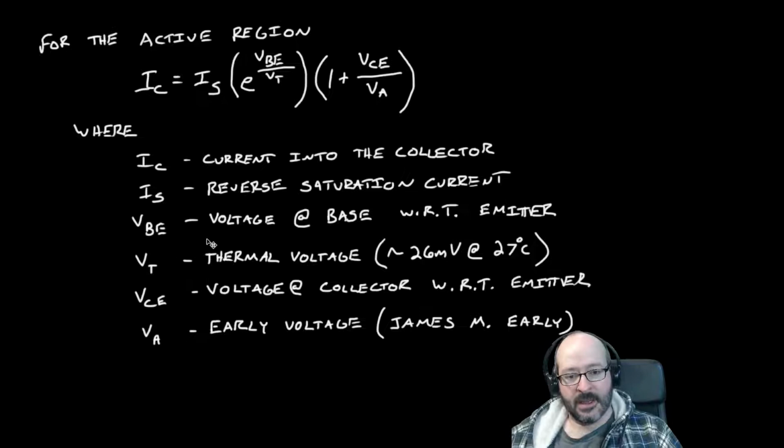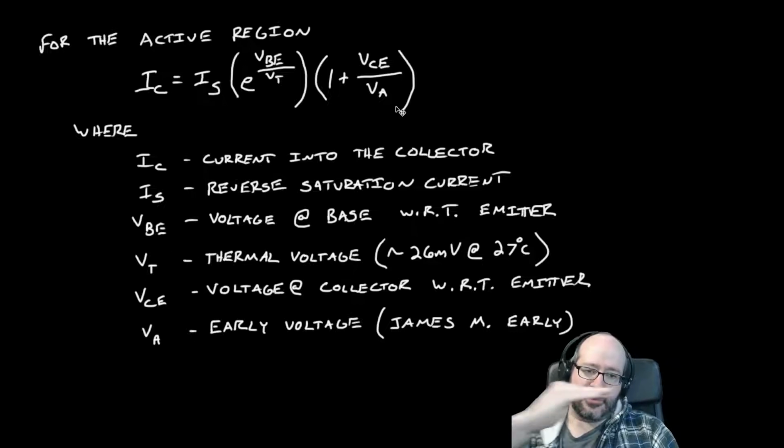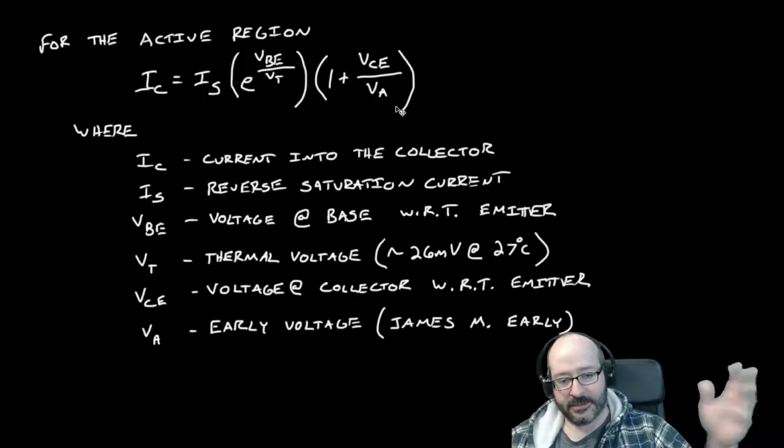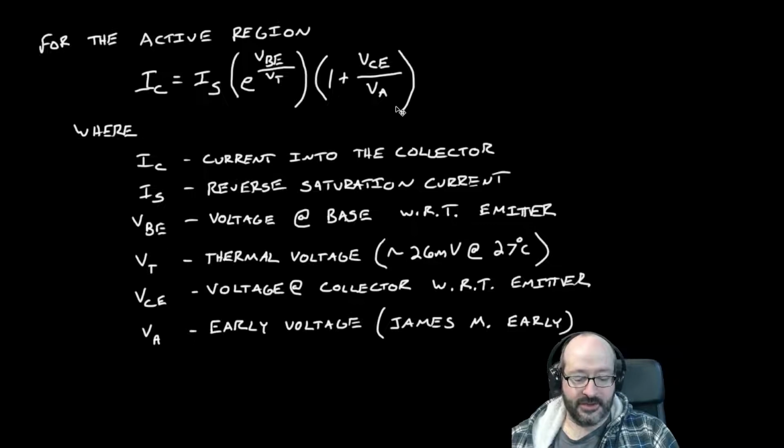Okay, so we have down here VBE, the voltage at the base with respect to the emitter. That's what's going to dictate how much current's flowing through there. Over here we have another phenomenon. You'll see that the curves aren't flat at the top, and that's due to something called the Early voltage. Early was named after James Early, one of the early guys studying semiconductors.